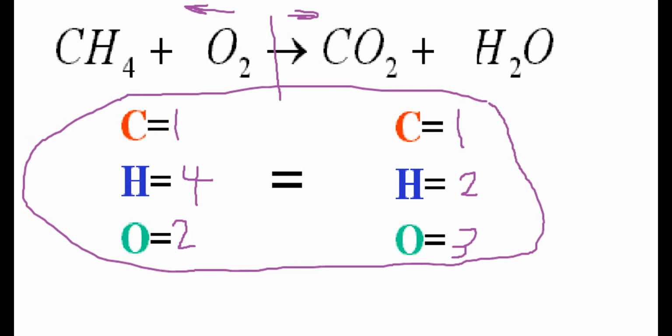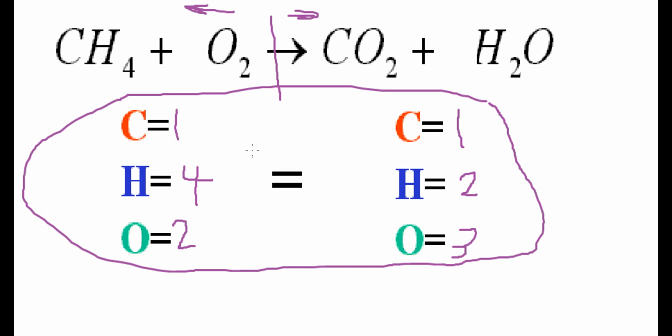The average person would probably say no, and they're right. This is an unbalanced equation. The reason why is because there is an uneven or unequal amount of atoms on both sides of the equation.